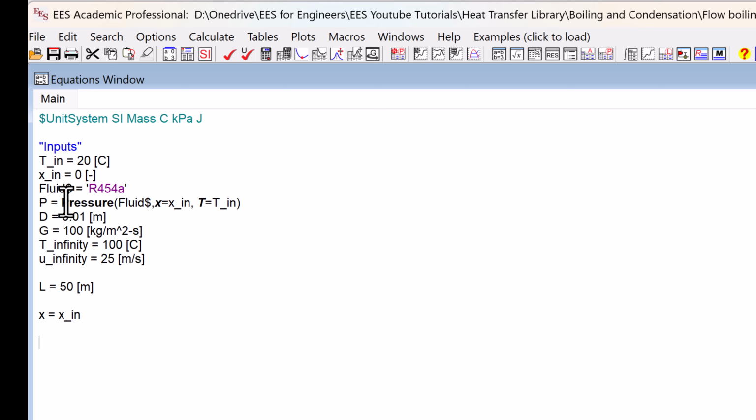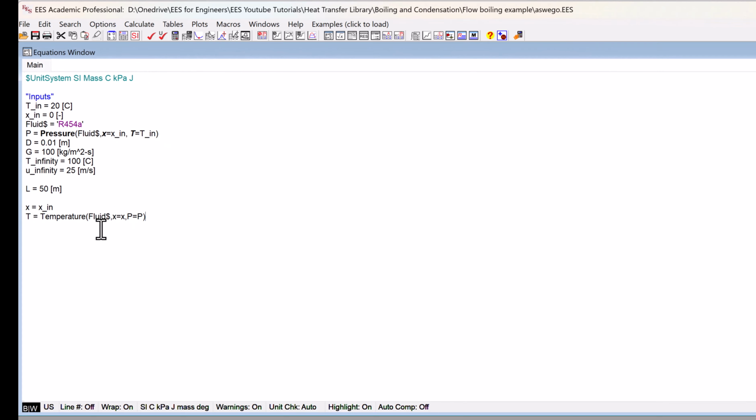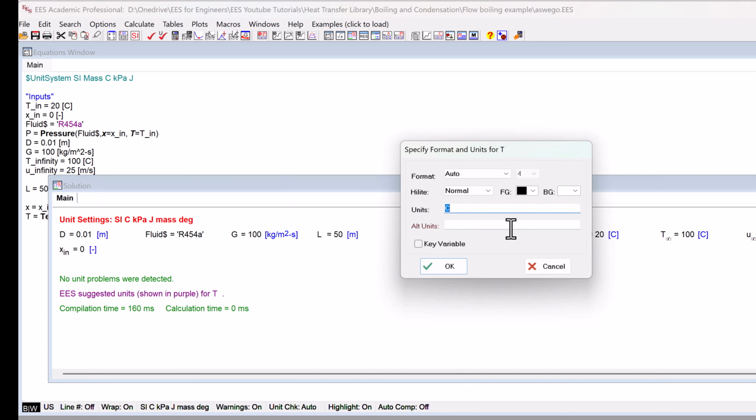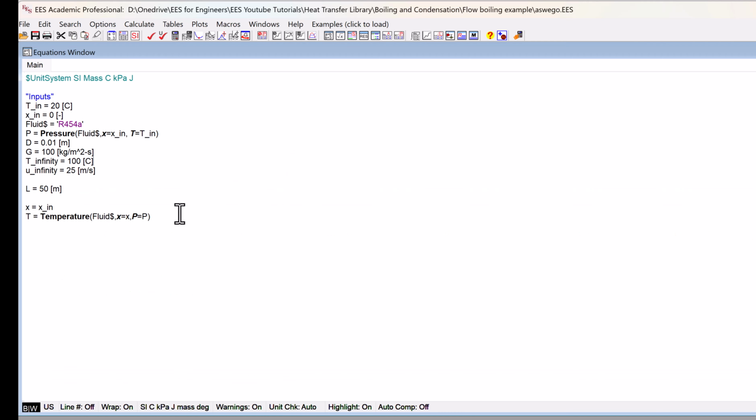It'll be whatever temperature is dictated by this pressure and this quality. So T, this is the temperature of the fluid, is temperature of the fluid at x equals x and P equals P. So because I set x equal to x_in, I should be getting a T of 20 degrees Celsius. But as I march along the tube, that's not going to be the case anymore.